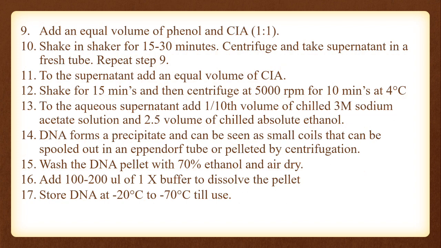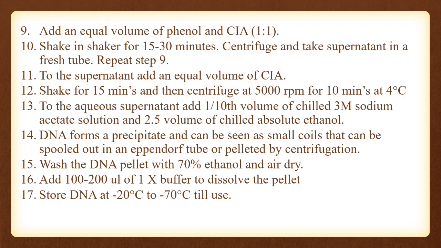Then again centrifuge. Then to the supernatant add an equal volume of CIA buffer. Then shake for 15 minutes and centrifuge at 5000 rpm for 10 minutes at 4 degrees centigrade.